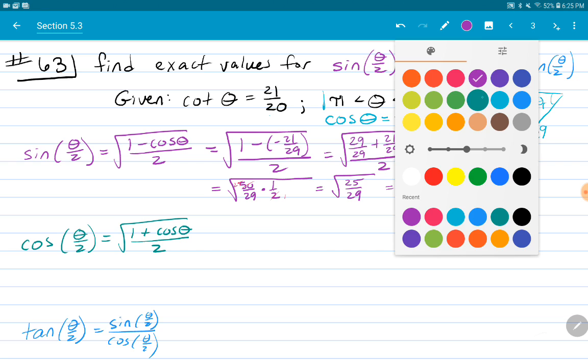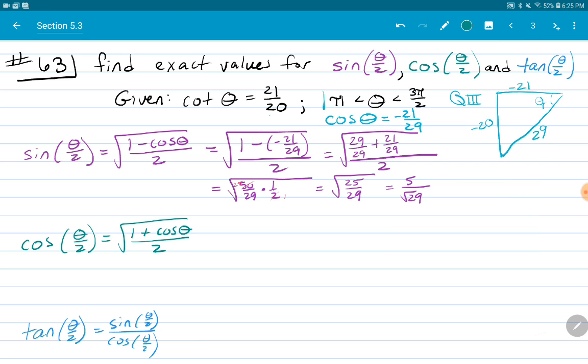And then cosine of the half angle. Very similar process, so I'm going to skip to the punchline here. I'm going to skip to where I have the sign to change, so that's right here. I'm just going to copy that and change that plus to a minus.